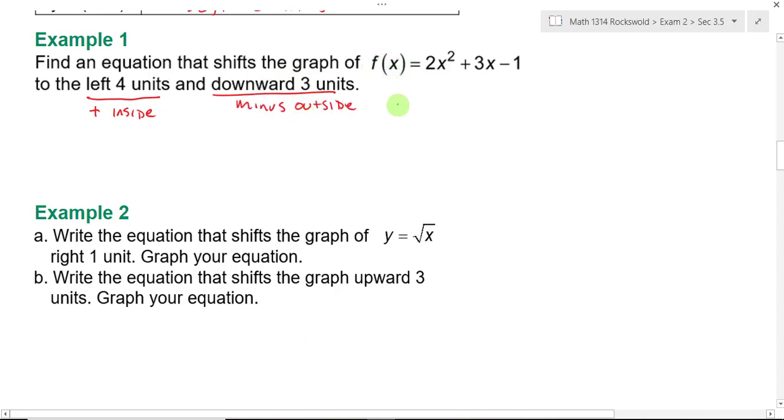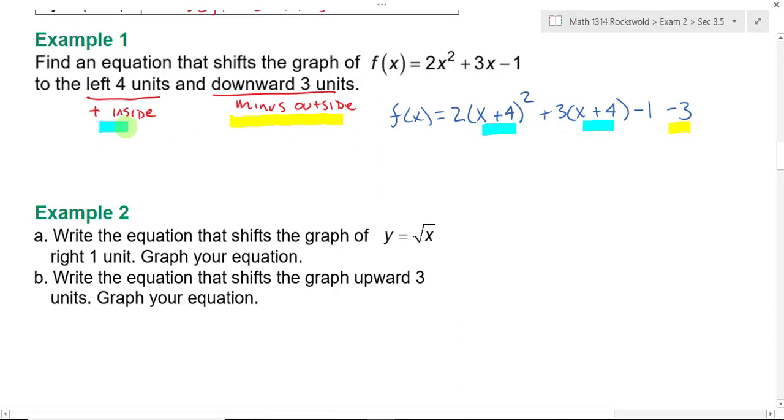So if this is my function, my transformed function is going to have x plus 4 squared plus 3 times x plus 4 minus 1 and then minus 3. This minus 3 was my downward shift of 3 units, and this plus 4 right here took care of my shift to the left 4 units.